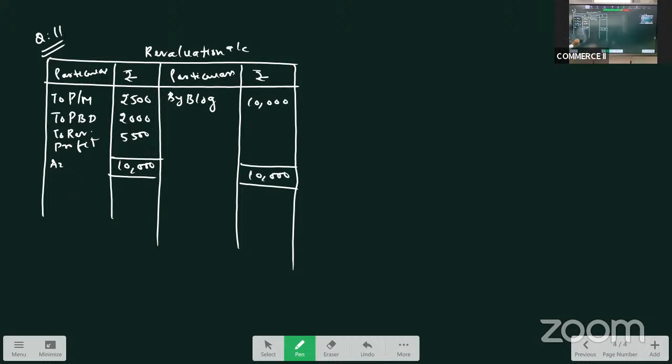A will get 5,500 into 3 by 5. That is 3,300. And B will get 5,500 into 2 by 5. That is 2,200.